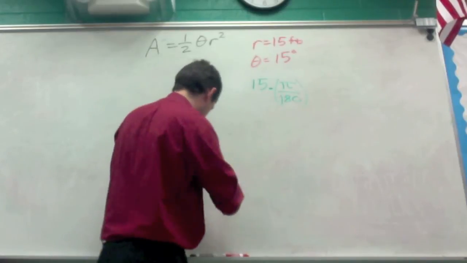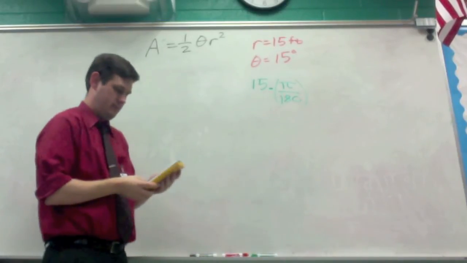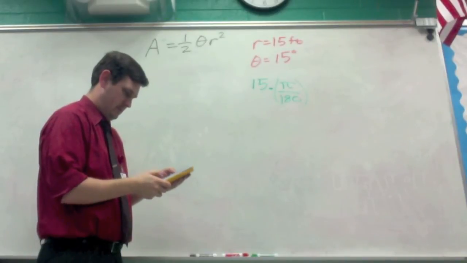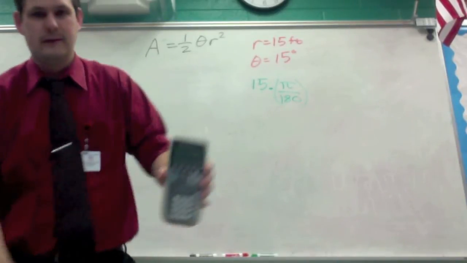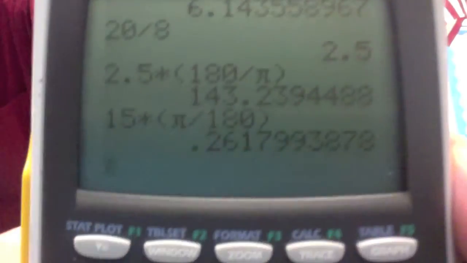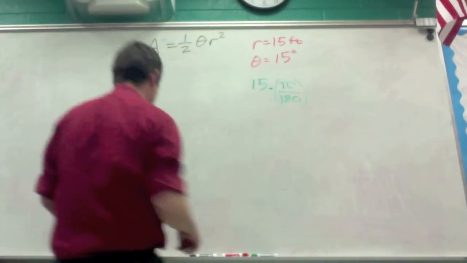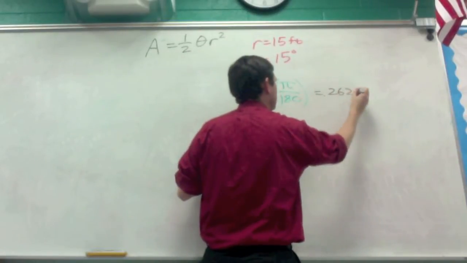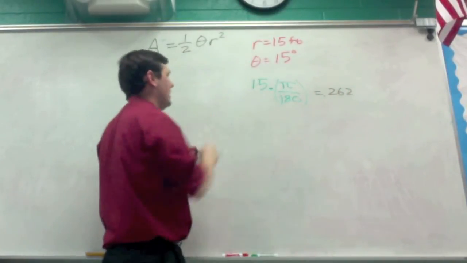That's 0.262. So this equals 0.262 radians.